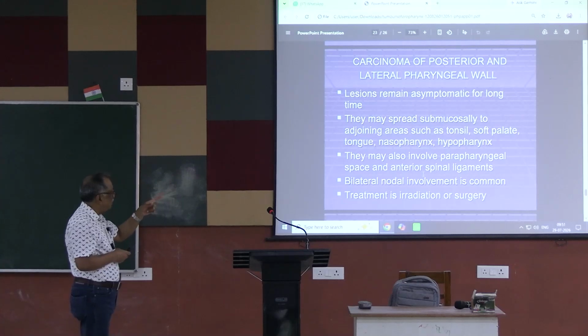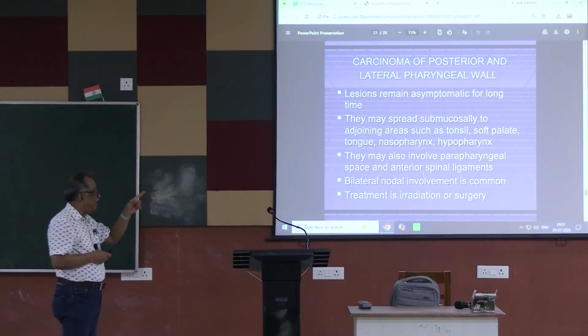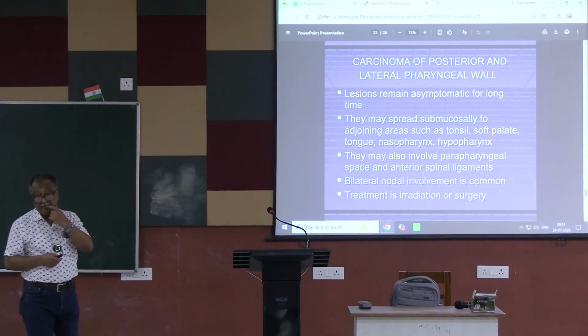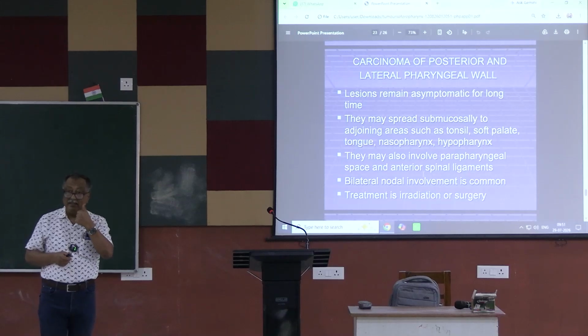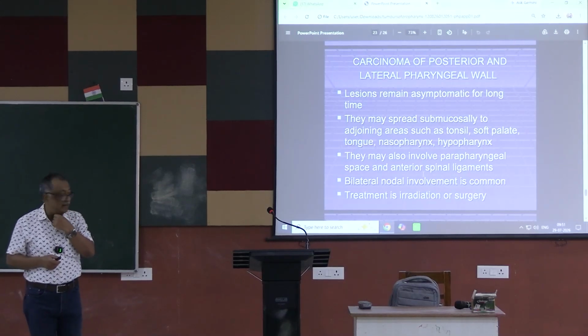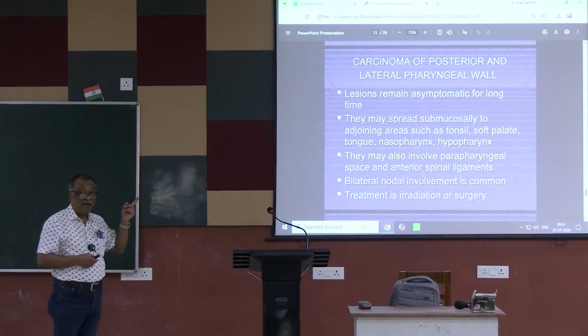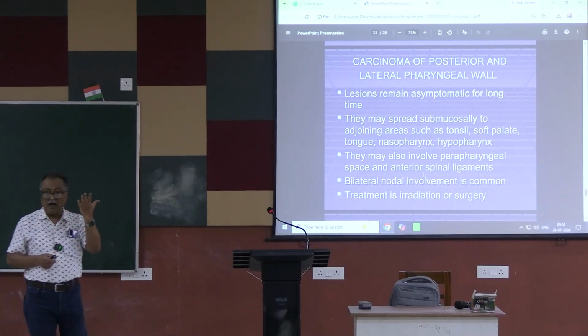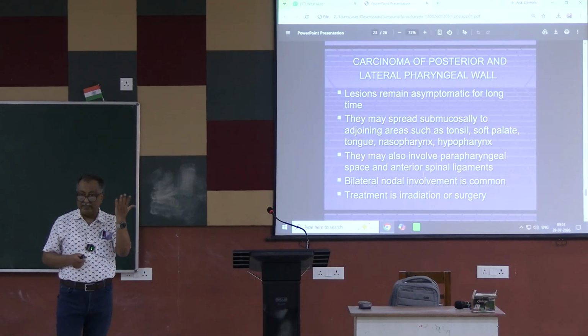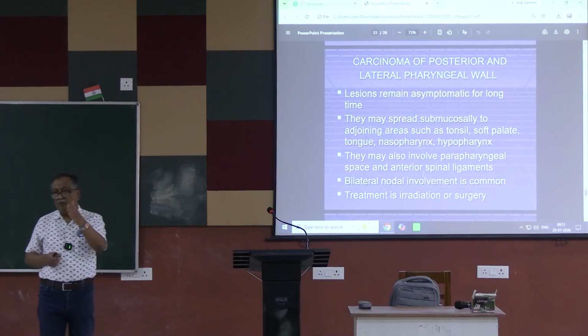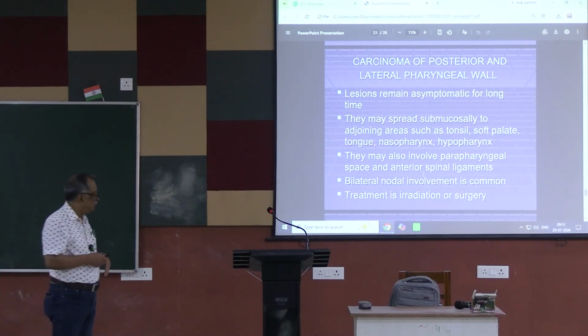They may also involve the parapharyngeal space and the anterior spinal ligament. If the anterior spinal ligament is involved, there is a chance of torticollis or neck pain. Sometimes there is parapharyngeal space involvement. I have already taken the class on deep neck space infection, and a similar type of symptom is produced if the parapharyngeal space is involved.